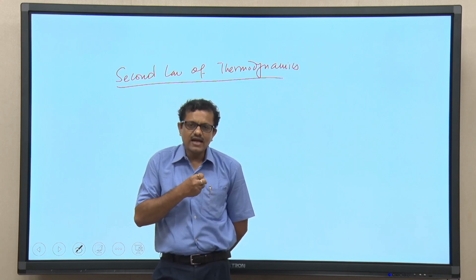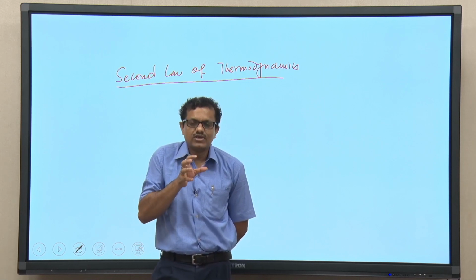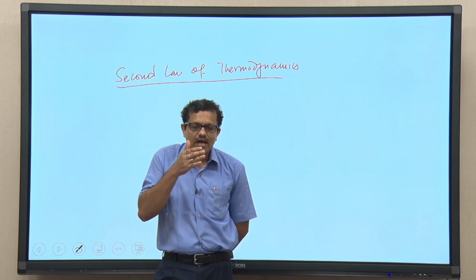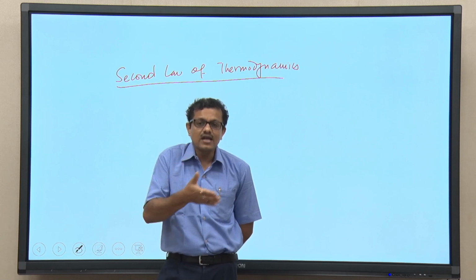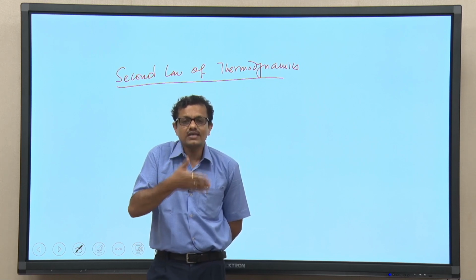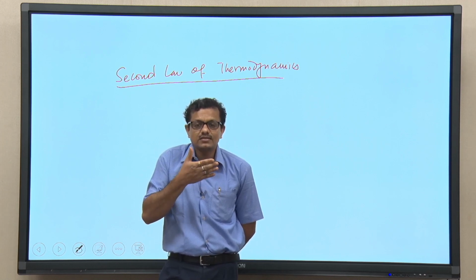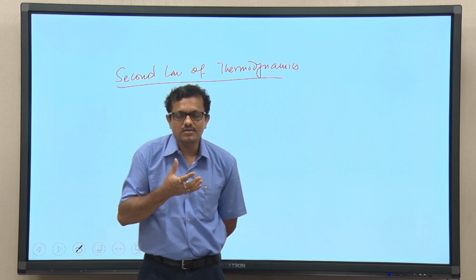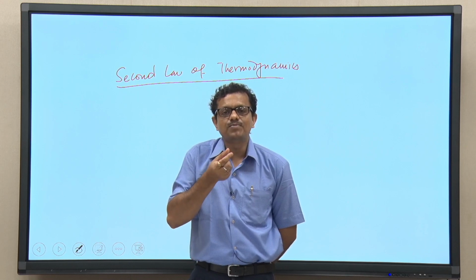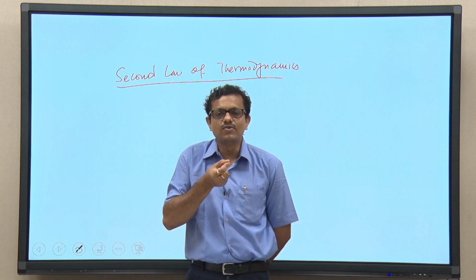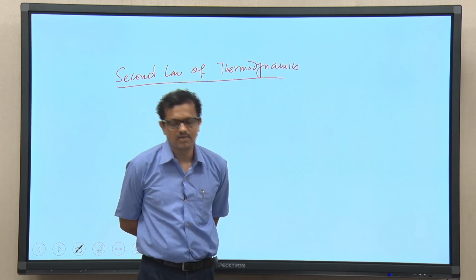So we know some degrees of irreversibility are there, which means the processes are deviating from the reversible process, and to what extent they deviate we need to know. It is the second law of thermodynamics by which we can define one important term which will give us a clue about the extent of deviation of that particular process from the reversible process.